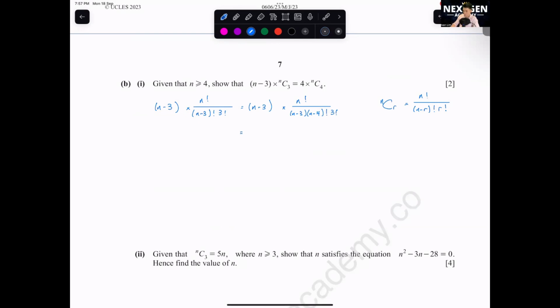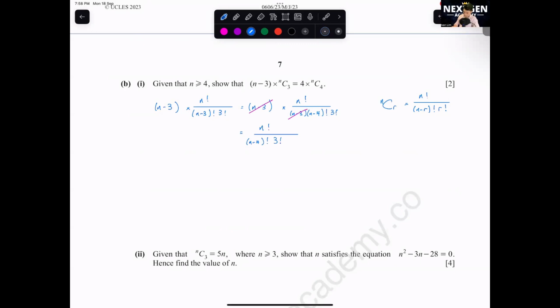I just want to prove that it equals this, so we can do it simultaneously. The (n minus 3) cancels, so my final answer here would be n factorial over (n minus 4) factorial, 3 factorial.